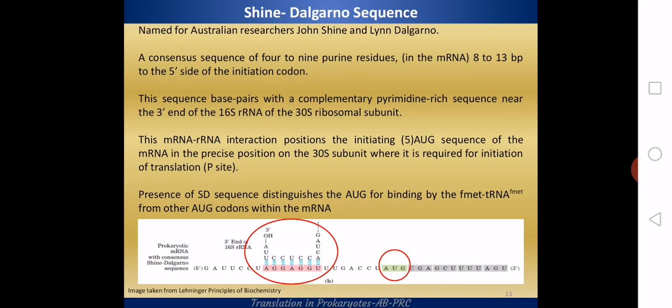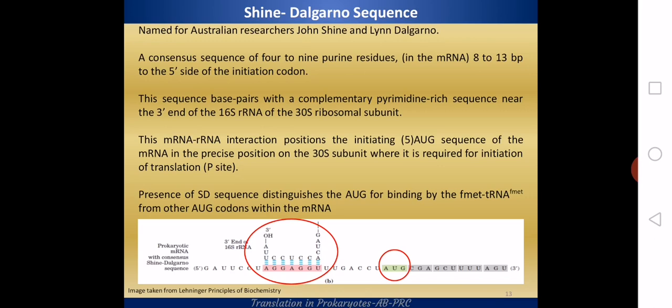And again, the SD sequence helps to distinguish the AUG for binding by the fMet tRNA fMet from other AUG codons within the mRNA. Which means that within an mRNA we will have AUG at the start as a start codon, and we can also see AUG codons at internal positions of the mRNA.